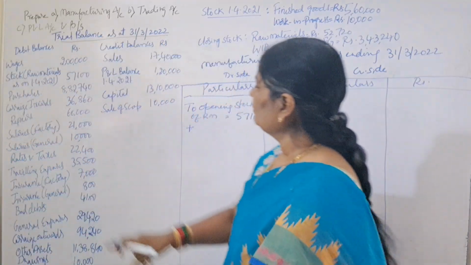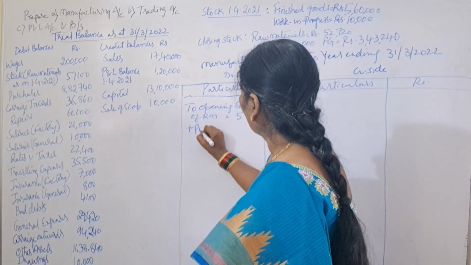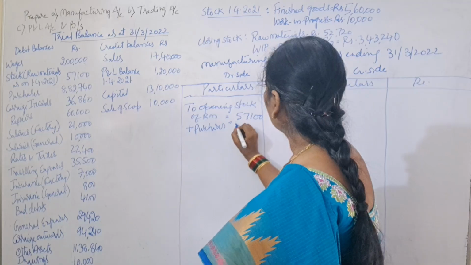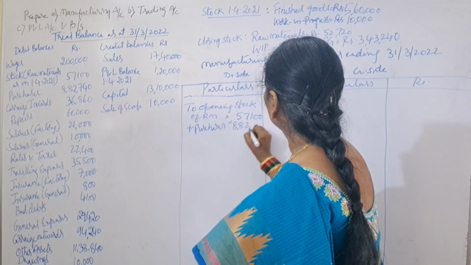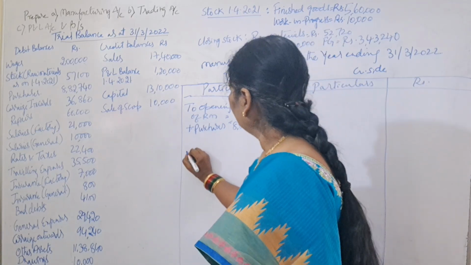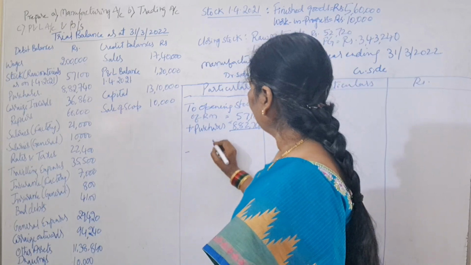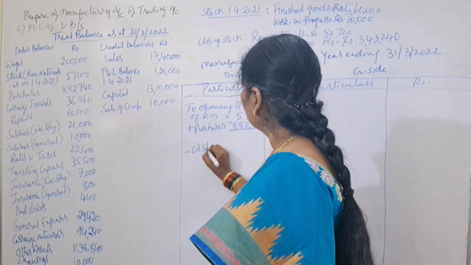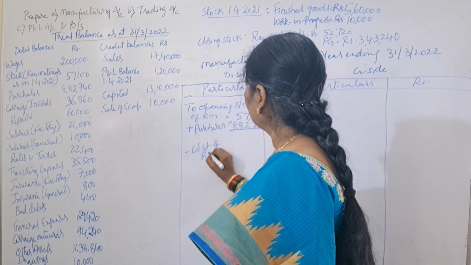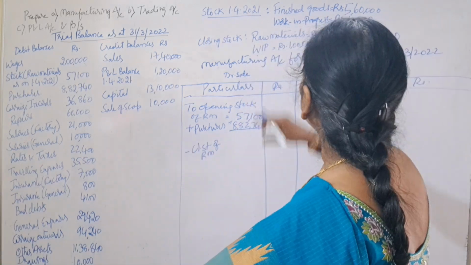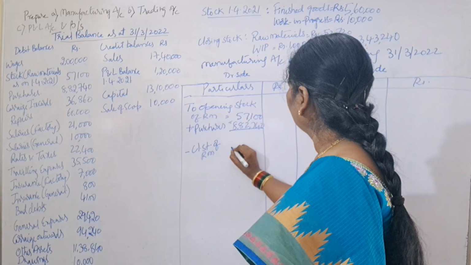So what's the purchase amount? 8,82,740. Next, minus closing stock of raw materials. So what is our closing stock of raw materials? 52,720.